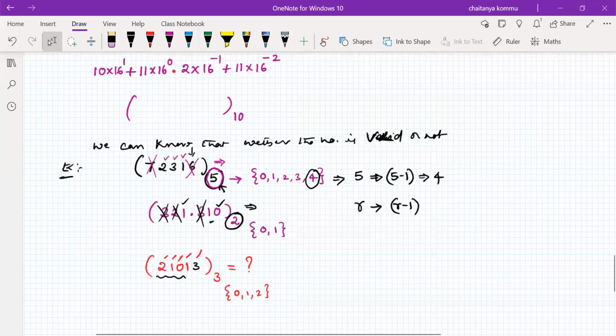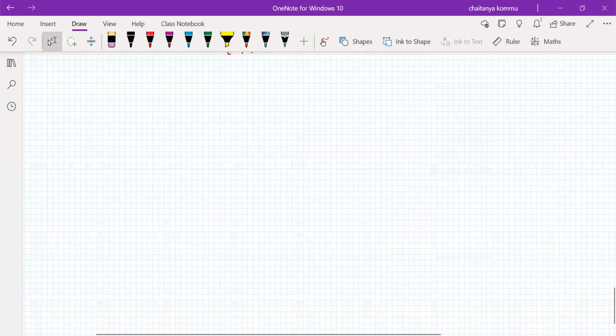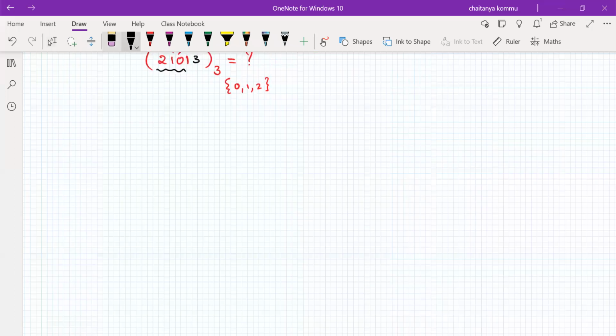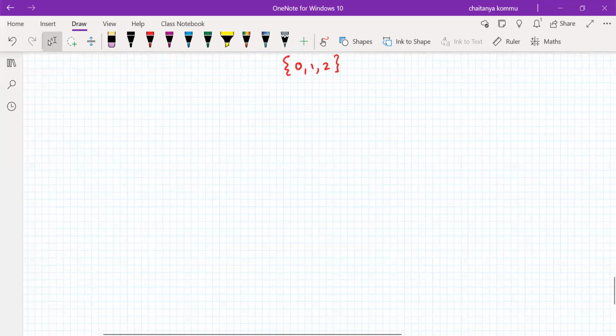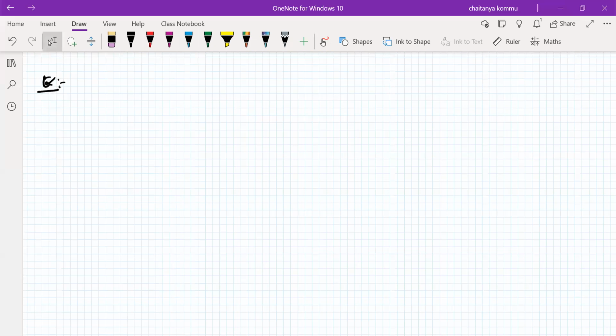Now, for example, what are the different numbers that we can see in the decimal part? Let us see the decimal numbers.